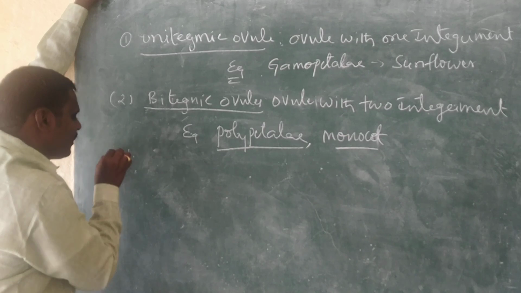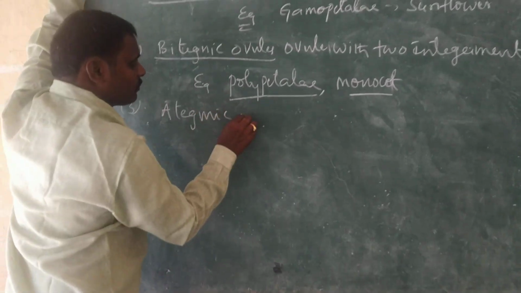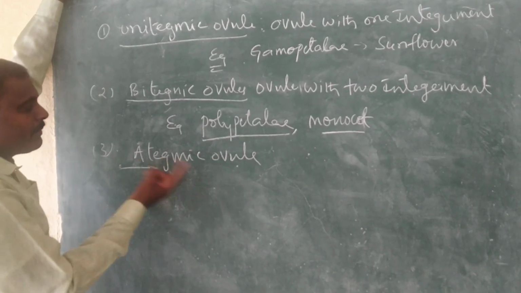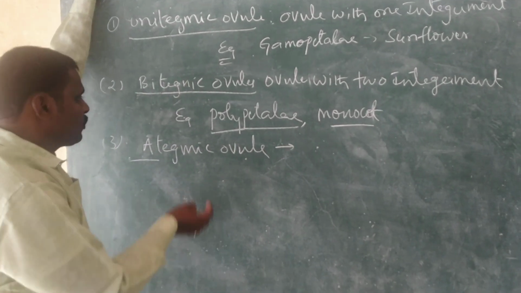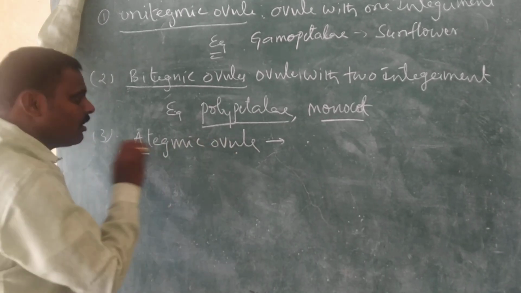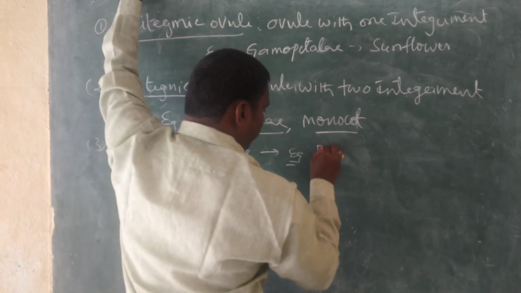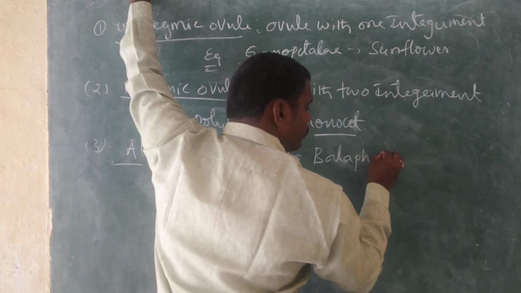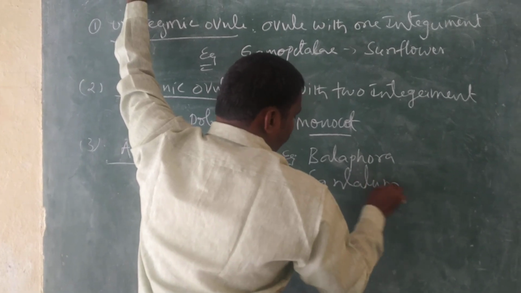And the third one is ategmic ovules. A is nothing but absent. Which one is absent? Integuments are absent. The nucellus is not surrounded by any integuments. Hence, these are called ategmic ovules. Examples: Balanophora, Santalum, Loranthus.